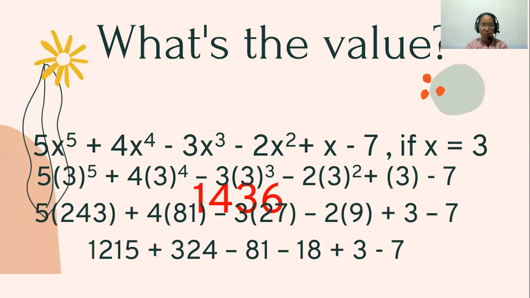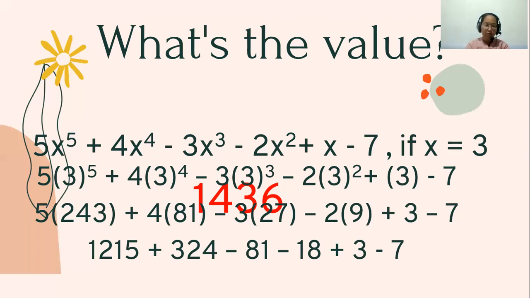Okay, so that's the way we substitute the value of x, which is equal to 3, into the given expression. Copy the 5, and for the value of x, replace that with 3, raised to the 5th power, plus 4, substitute again the value of x, which is 3, raised to the 4th power, minus 3 times the value again of x, which is 3, raised to the 3rd power, minus 2, substitute again the value of x, which is 3, raised to the 2nd power, plus the value of x, which is 3 again, minus 7.